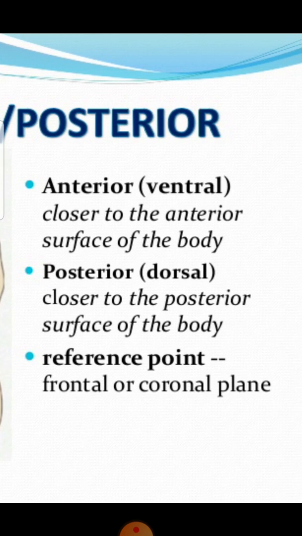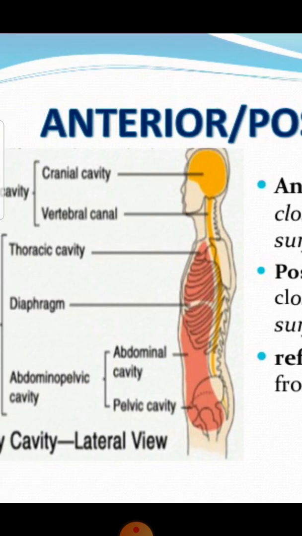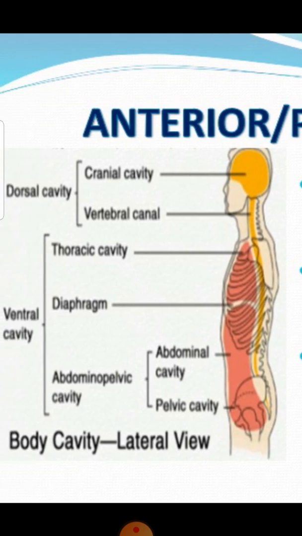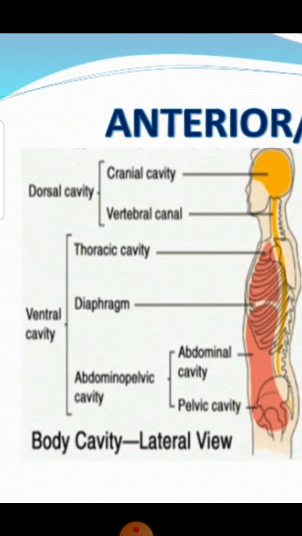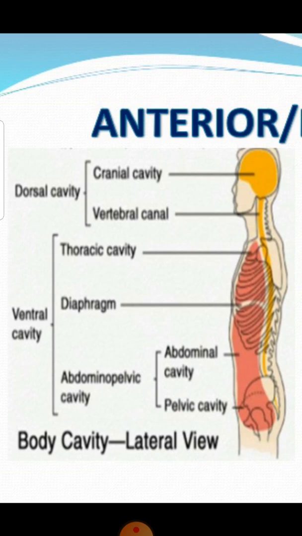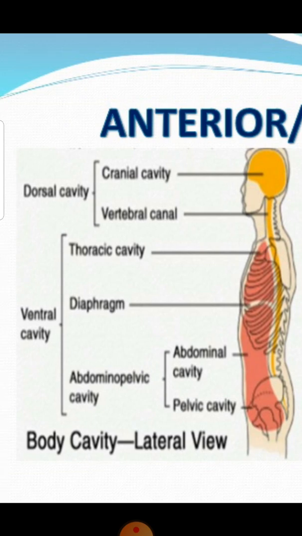And because the coronal plane divides your body into a front half or anterior half and a posterior half, we will keep that in as a reference point. So here you can see that your thoracic cavity, the diaphragm, or your abdominopelvic cavity are more anteriorly, or towards the anterior surface of the body, so we can call them ventral cavities.